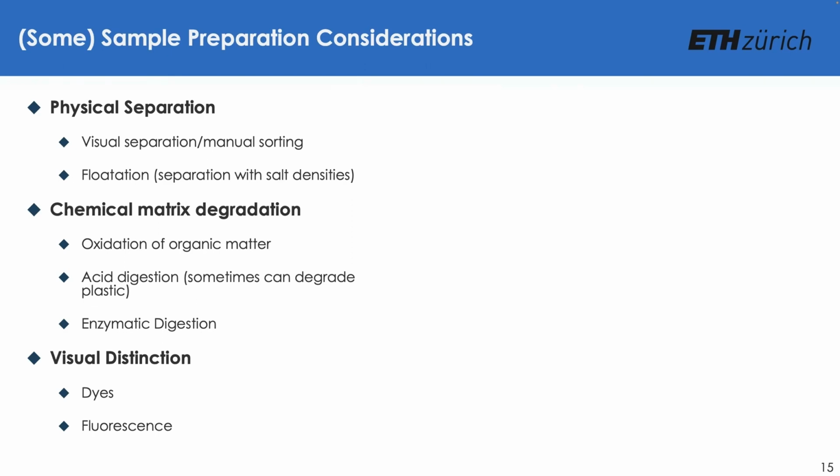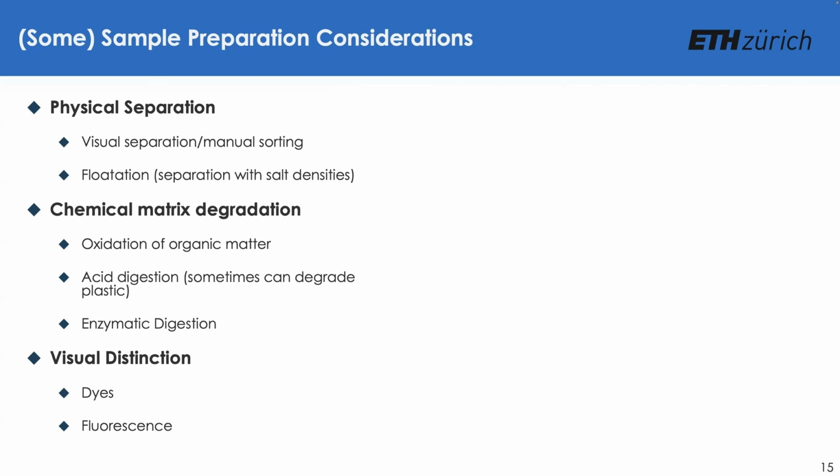And for those types of things in the matrix, like organic materials, we can have a chemical degradation of the matrix, either through an oxidation of the organic matter or different types of enzymatic digestions. We may be able to help ourselves a little bit by having some visual distinctions with dyes or fluorescence, but that's more of a post-treatment.